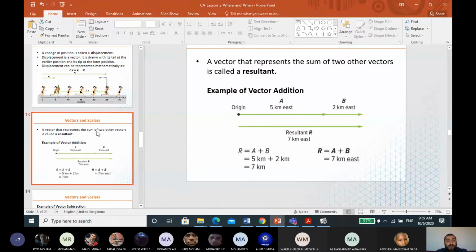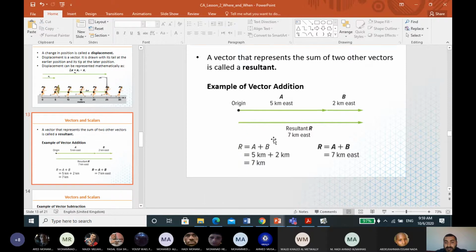Now I want to start with vectors and scalars. Last time we did these examples. I will give you more examples, and you must know how to calculate. I want all of you in front of me, guys, to open your copybooks and write with me this example. I will read it. You will not write this. We will start with other examples, using the same formulas, in order to know how to add vectors.